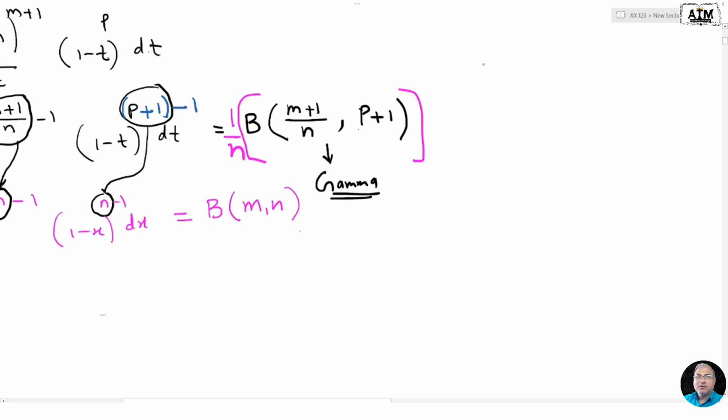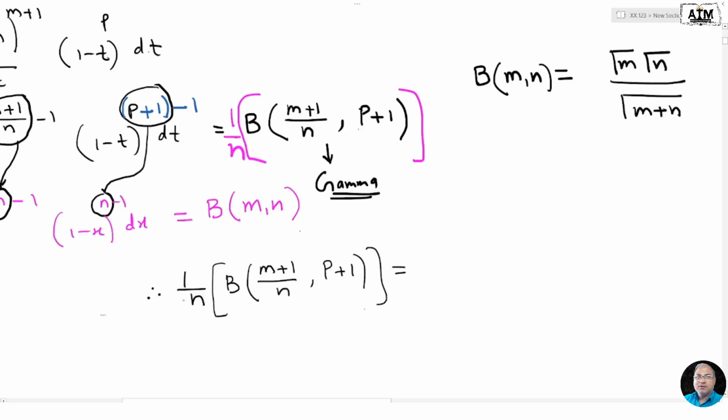We know the relation between beta and gamma, that is beta m n equals gamma m gamma n divided by gamma m plus n.